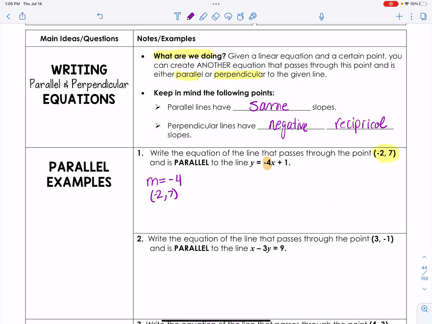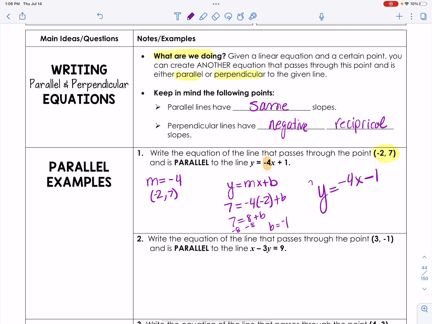I don't care which equation you use, I'm going to flip back and forth. So I'm going to do y equals mx plus b. That's 8, so I'm going to minus 8, and my b is -1. So the equation of my line is y = -4x - 1, the line that would be parallel and goes through (-2, 7).